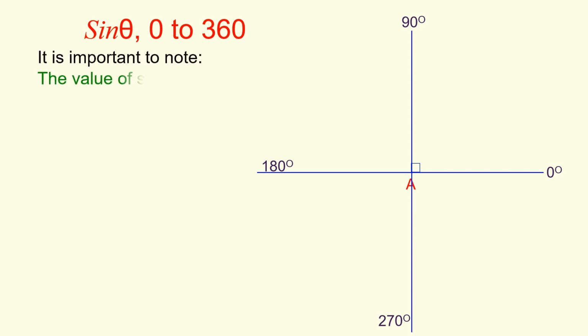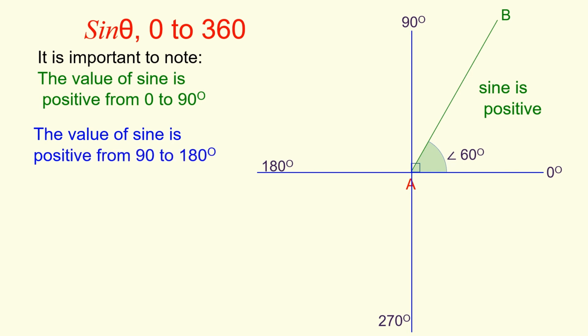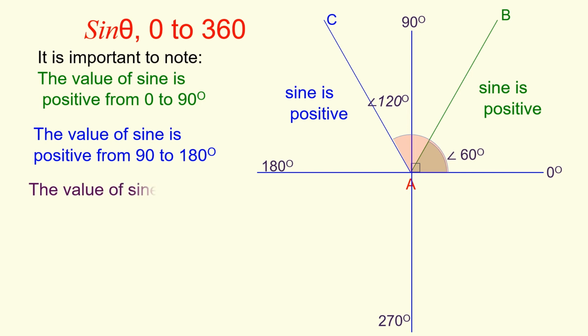Sine theta, 0 to 360. It is important to note, the value of sine is positive from 0 to 90 degrees. The value of sine is positive from 90 to 180 degrees. The value of sine is negative from 180 to 270 degrees.